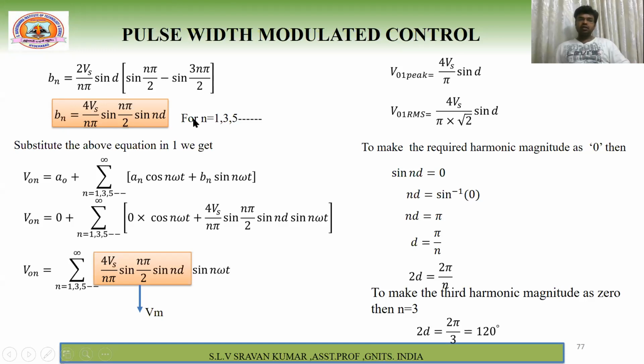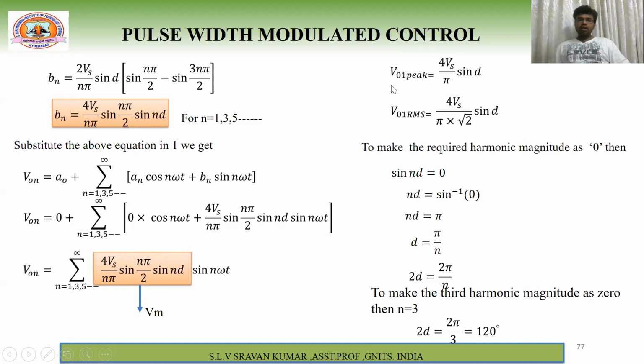Because this is valid only for n is equal to 1, 3, 5, but not 2, 3, 4 like that. So that's why I kept n is equal to 1, 3, 5 and so on to infinity, 4Vs by n pi sine n pi by 2 sine nd into sine n omega t. This is in the form of Bm sin omega t. So this total magnitude I'm considering as Bm, right?